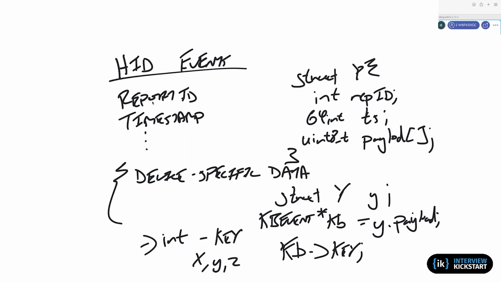Yeah. The other way to look at this is that payload could be a union as well, right? And then different payload types can be members of that. Absolutely. If you knew in advance all the possible different hit events that could occur in the system, you could instead replace payload with a union of all those possibilities and access it as a union.